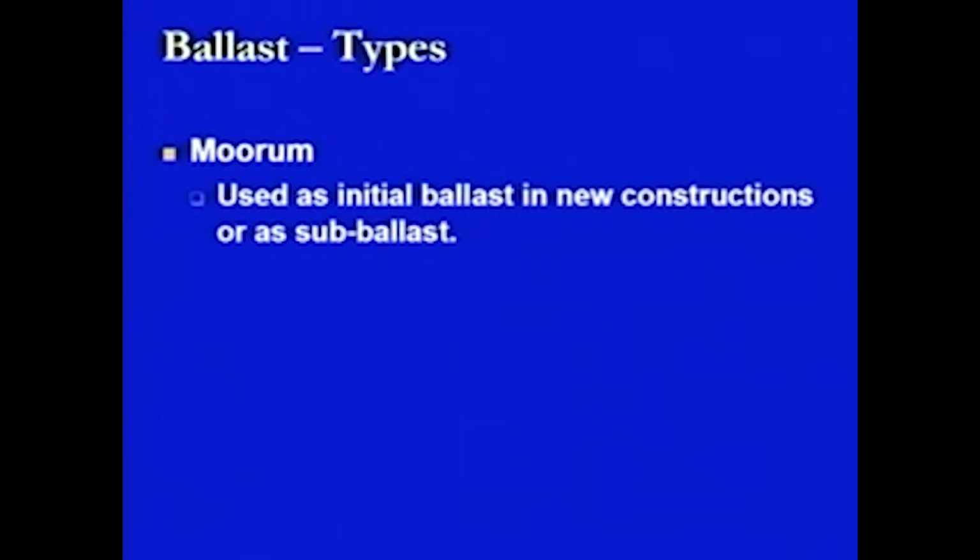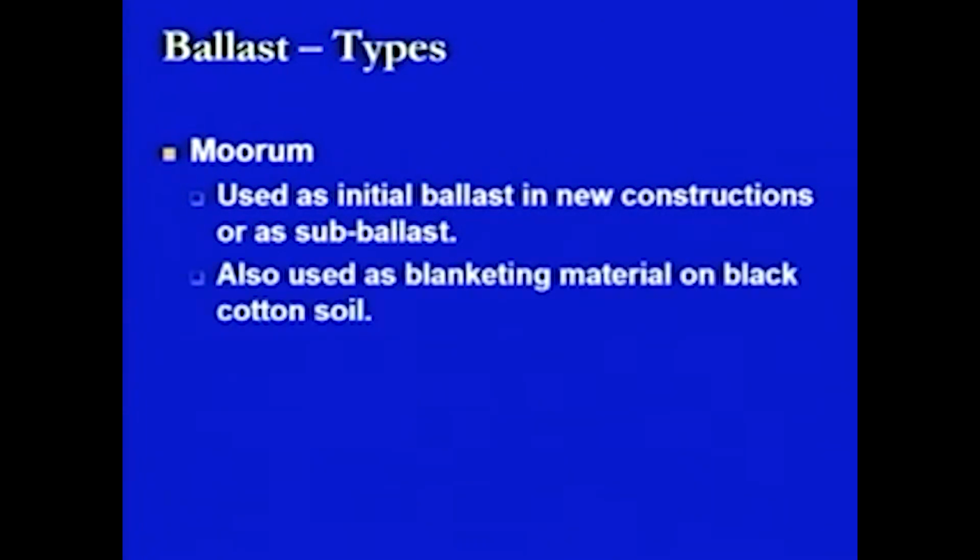This is a condition where we are trying to increase the depth of the ballast cushion, but instead of providing the same good quality material from top to bottom, it is provided in two layers. The top layer has the higher quality material, whereas the sub layer has the lower quality material like muram. This is how it is used.